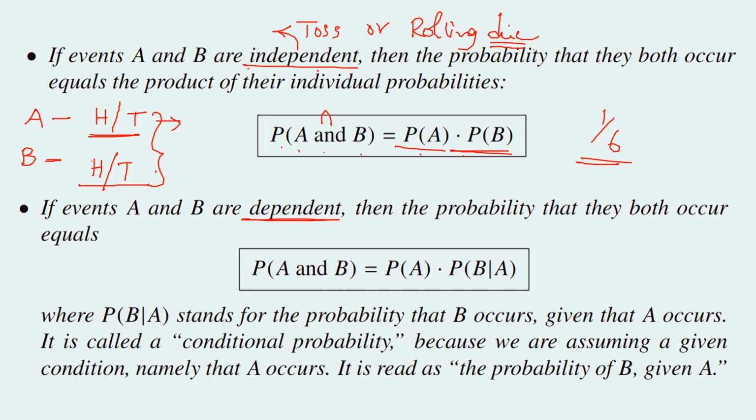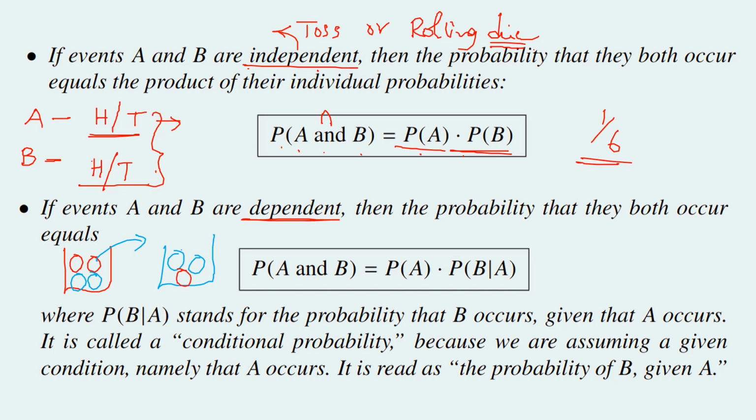Now moving on to dependent events. Two events are called dependent if the outcome of the first event is going to influence the result of the second event. For example, let's consider a bag which has 4 balls, where 2 are red and 2 are blue. If we take out one ball from the bag, now 3 balls remain, among them 2 are blue and 1 is red.